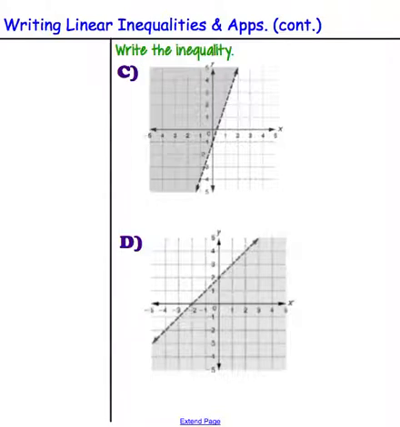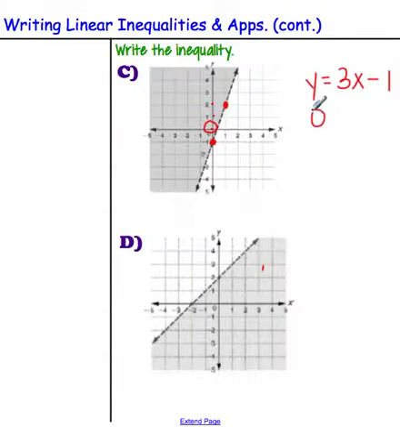For C here, I see that my original equation would be y equals, I have a positive slope that goes from here to here, which is a slope of 3 over 1, so positive 3x, and we cross the y-axis here at -1. 0, 0 is in the shaded region, so I'm going to use 0, 0.